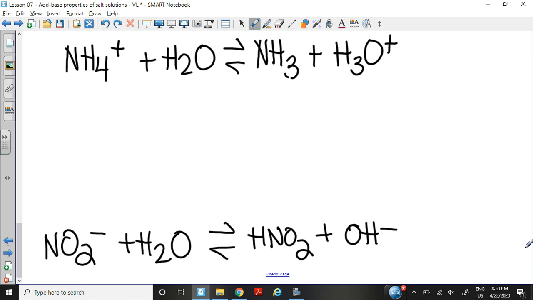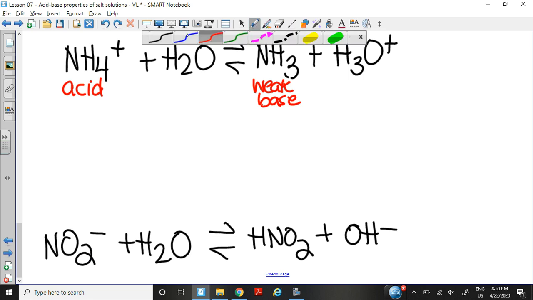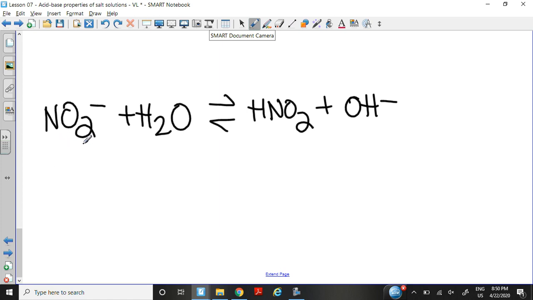If we look at the first example, this is the same scenario we just saw. This is acting like an acid because we're making a weak base. So this ion, ammonium, is interacting to make an acidic condition. Down here with the nitrite ion, give ourselves some more room.